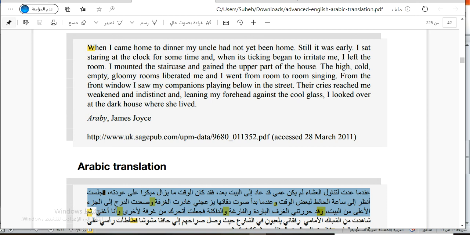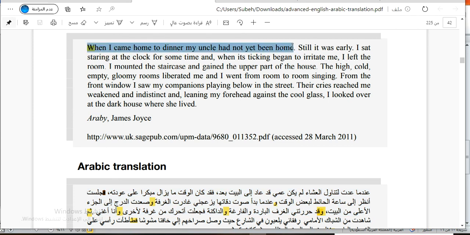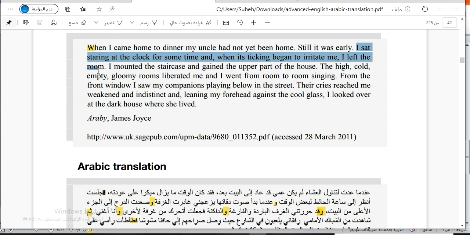Wa. لكن هنا if you notice, and this is one of the differences in the stylistics of Arabic and English. هنا stop sentence. English does not prefer long sentences. Here another sentence, here another sentence, also here another sentence, and here another sentence.